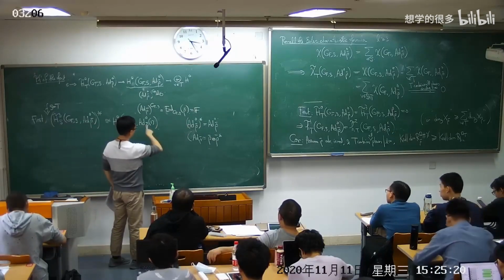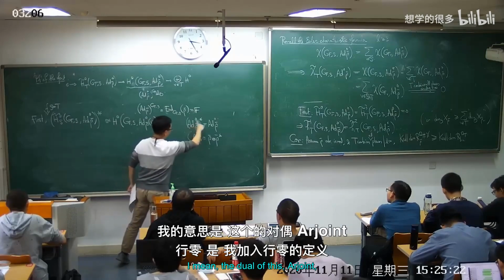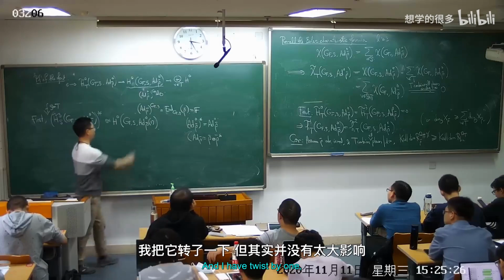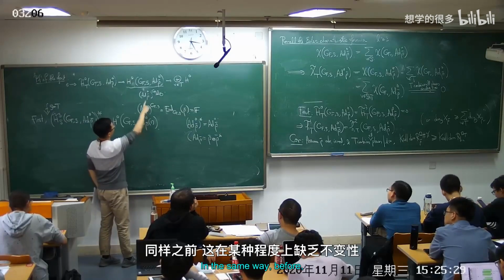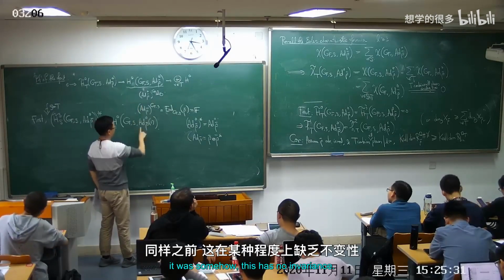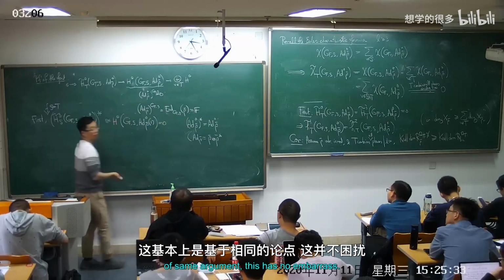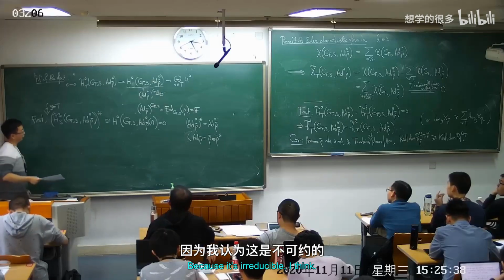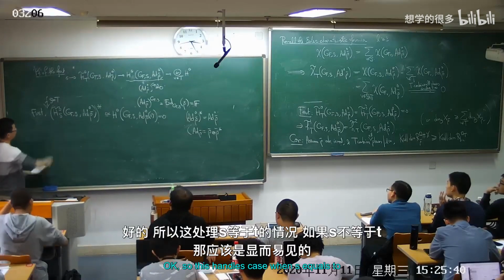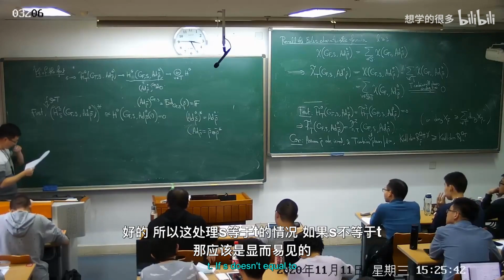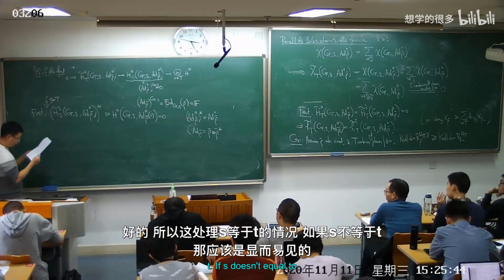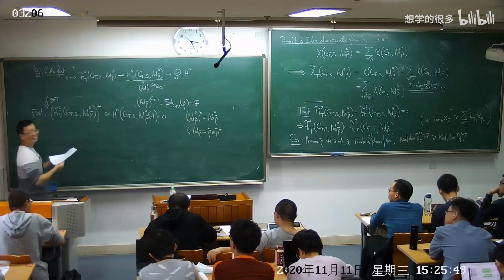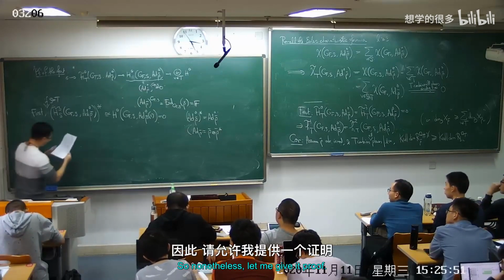So the dual of this adjoint rho bar 0 is just adjoint rho bar 0. In the same way as before, this has no invariance. This follows from the same argument, because it's irreducible, I think. So this handles case 1, S equals T. If S doesn't equal T, it should be clear. Nonetheless, let me give a proof.